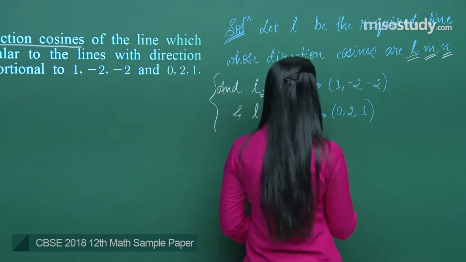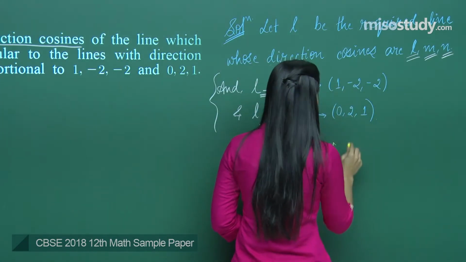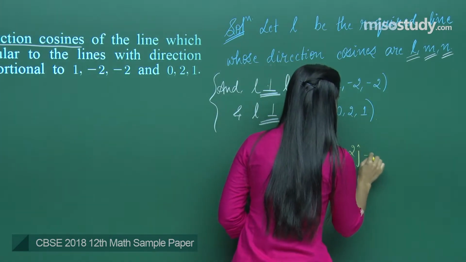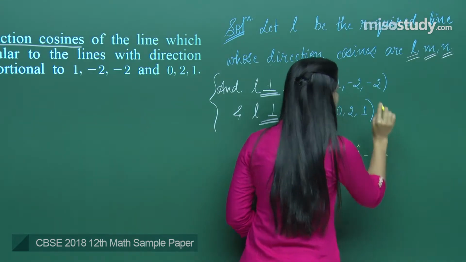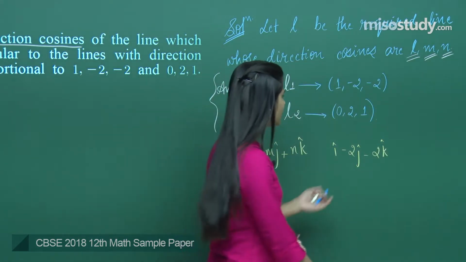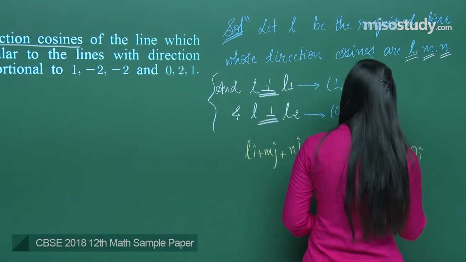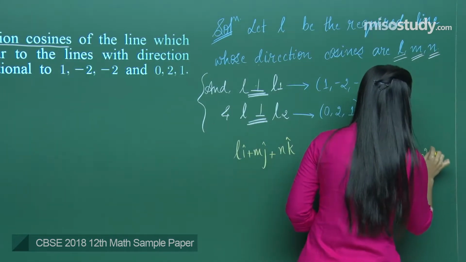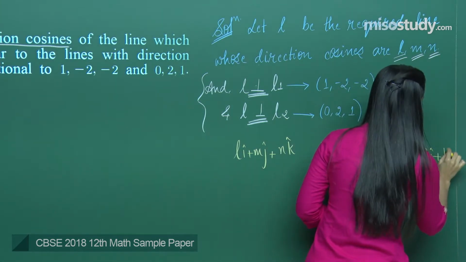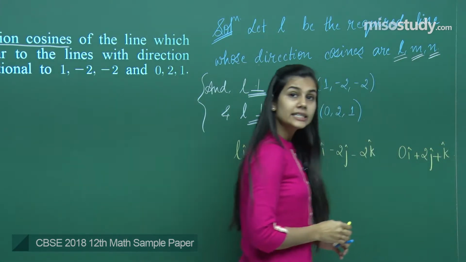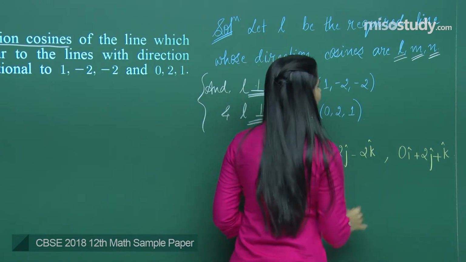The next will be 1 i cap minus 2 j cap minus 2 k cap. And the third will be 0 i cap plus 2 j cap plus k cap. These are the three vectors which are going to come into picture.